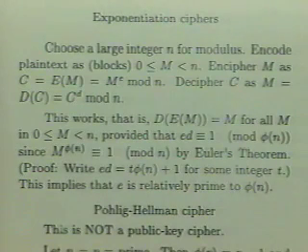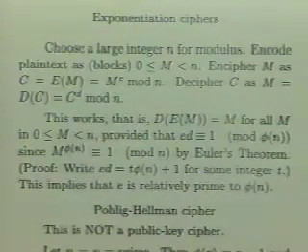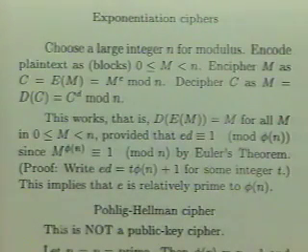Think of n as having 100 or 200 decimal digits. And we're first of all going to encode or represent our plain text in blocks of size that can be represented as numbers modulo n. This means they have to be in the range 0 through n minus 1.